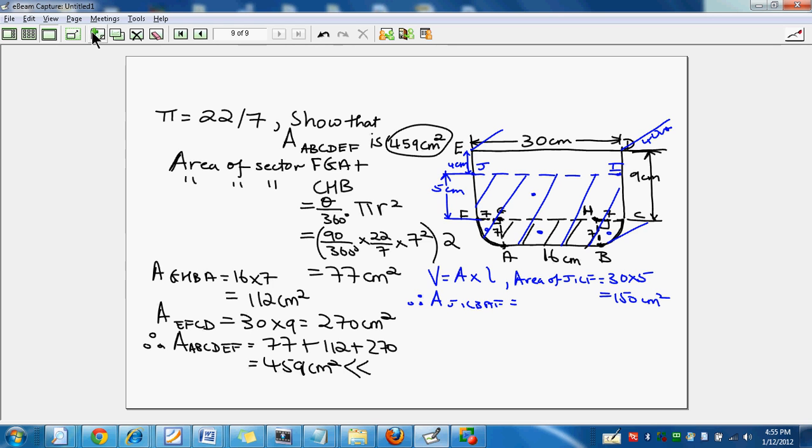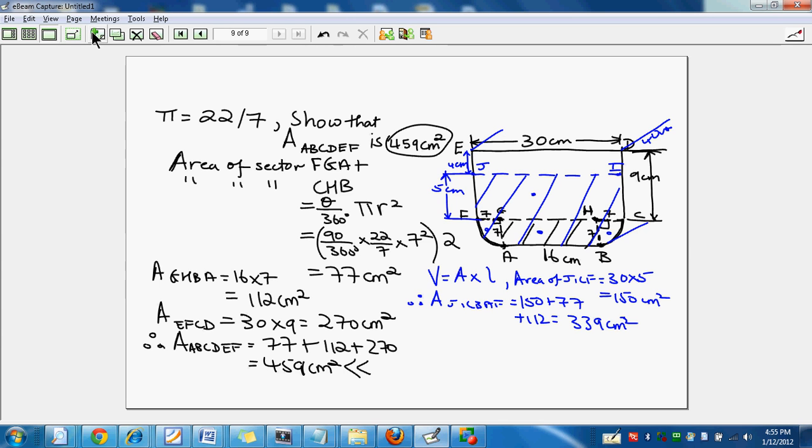So we just add back up those areas, 150 plus 77 plus 112, and that would give us 339 cm squared. So the area that we are dealing with, where it is filled up to 4 centimeters from the top, will be 339 cm squared. That's the area that we have shaded in blue.